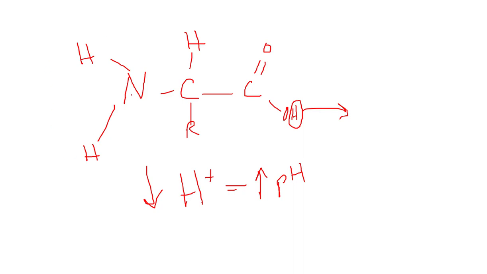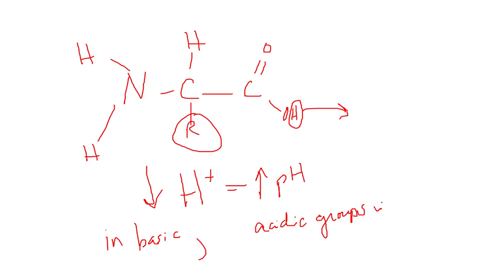Nothing will happen with the amino group. So in a basic buffer environment, it's actually the acidic side chains that will ionize in a negative way, acidic groups. And not only the terminal carboxyl group, but also anything on the R group will ionize negatively.